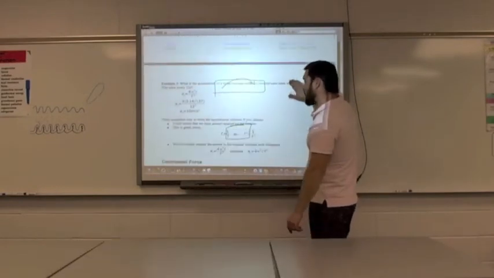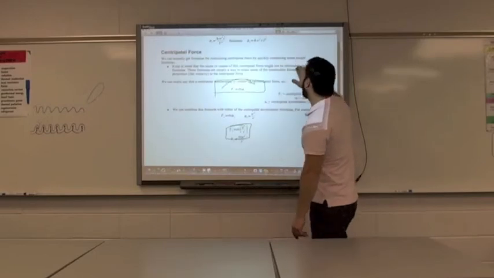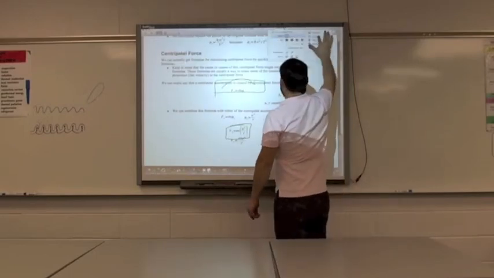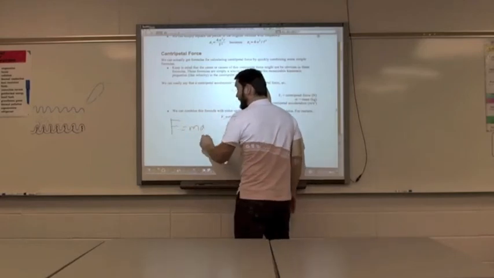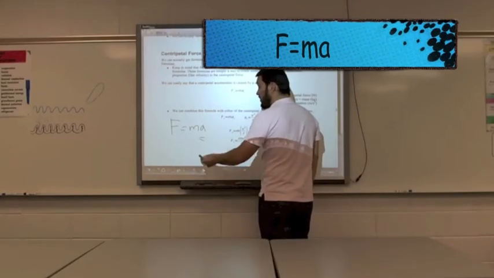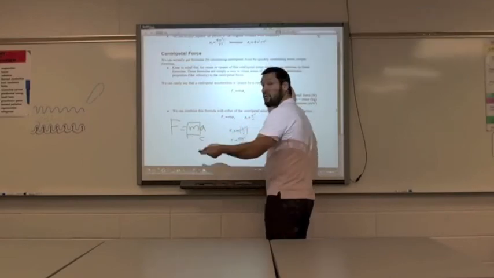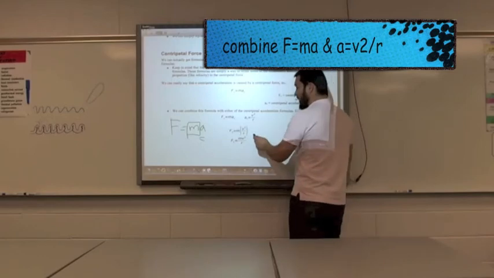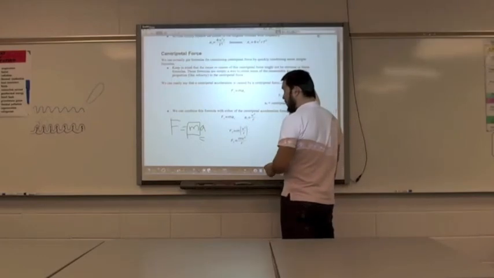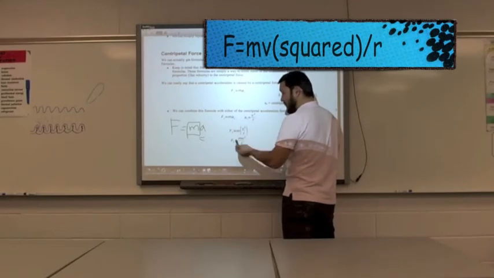The last one is force. Now force is simply F is equal to mass times acceleration. We've got two different accelerations, so if you multiply mass by those two different acceleration equations, you get force. So we take the first one here, a is equal to v squared over r, so it's mv squared over r.